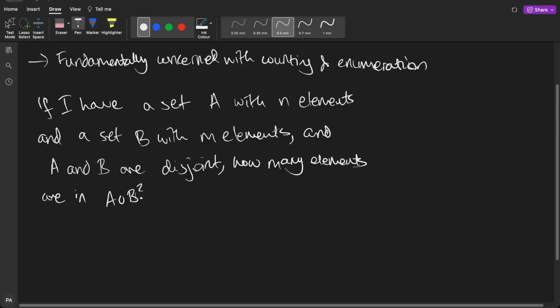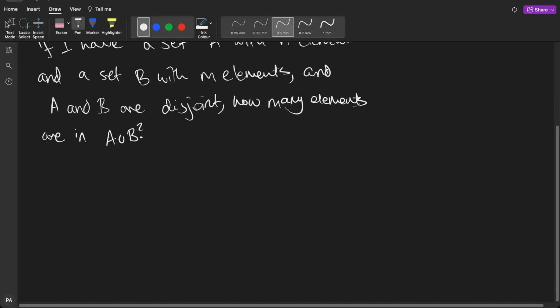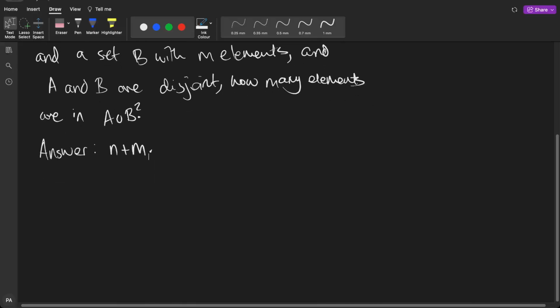Now that's not too hard to figure out. Since the sets are disjoint, we're not concerned with any double counting. So the answer should be n plus m. But here's a question. Can we apply that to thinking about choices?